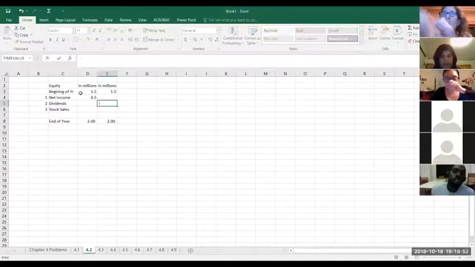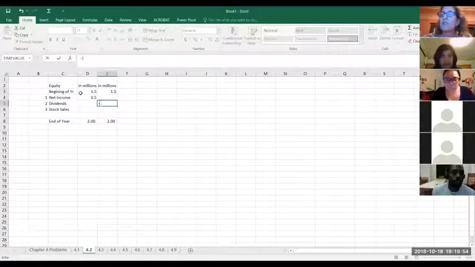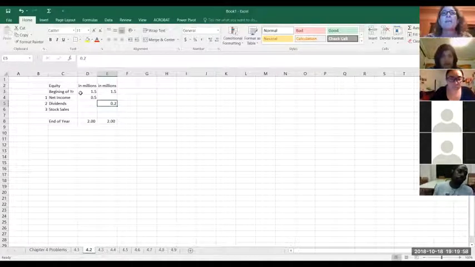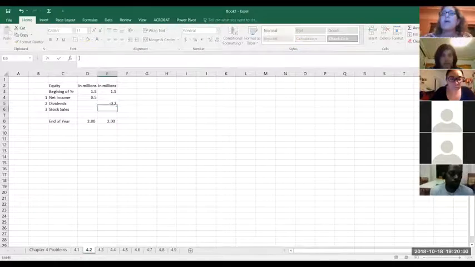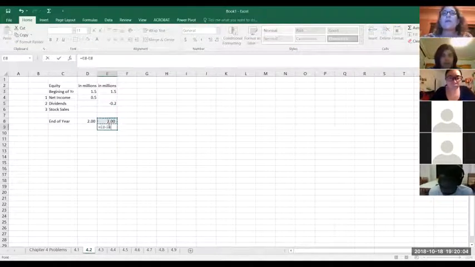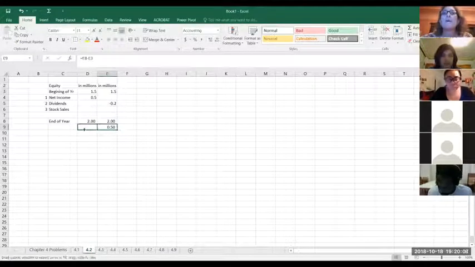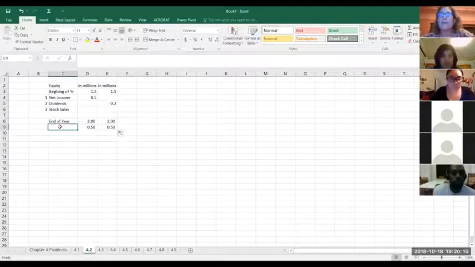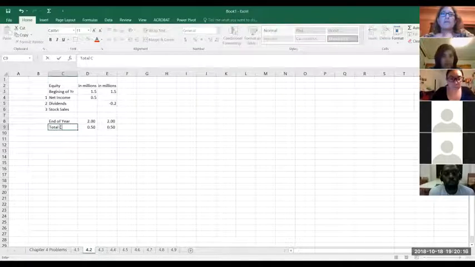So that's a negative 200 in this example, or negative 0.2, because that's in millions. Our total equity change is not changing; it's still 1.5 million from one year to the next. Let's do total change.